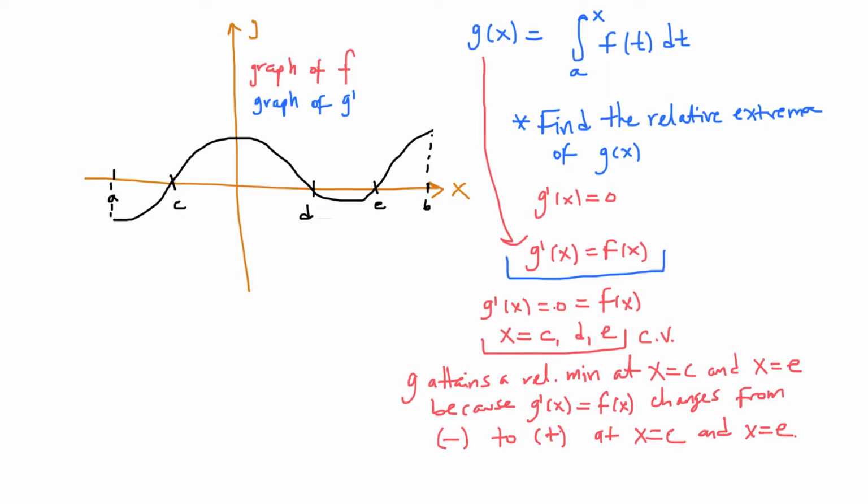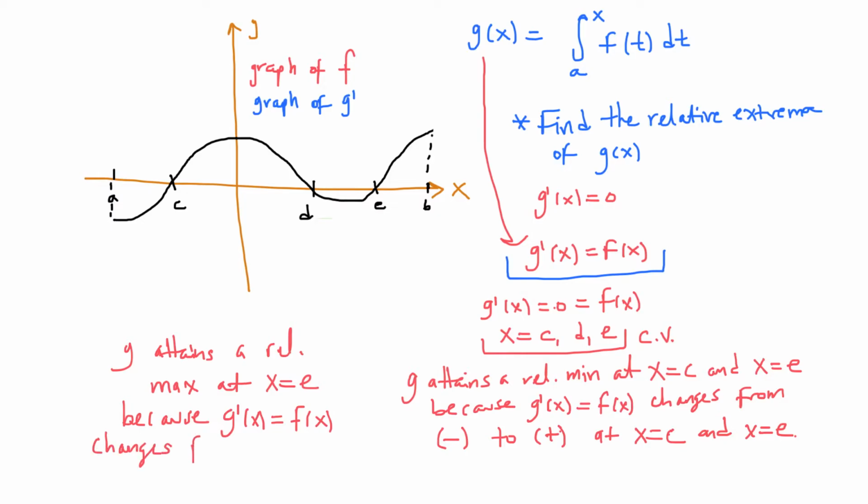And now for the relative maximum, it should be clear to you now that it happens at x equal to D. So we could also write that down. g attains a relative max at x equal to D because g prime of x, which equals f of x, you want to make that clear to the person who is grading your test, changes from positive to negative at that point.